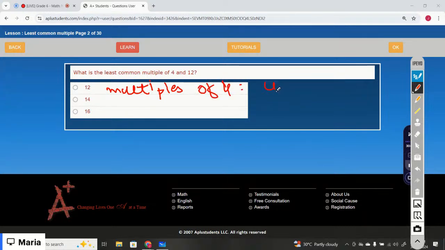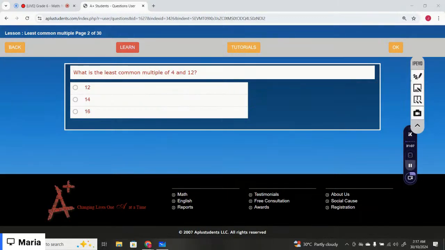Multiples of 4 are 4, 8, 12, 16, 20. And the multiples of 12 are 12 times 1, 12 times 2 is 24, 12 times 3 is 36. So the smallest number, very good, that is 12. So the least common multiple is 12. Option number 1 is the correct option.